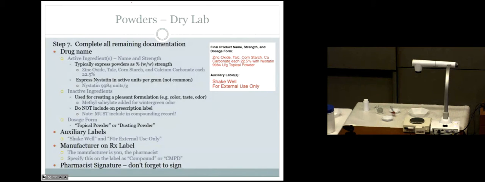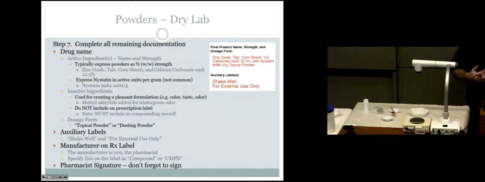So on this one, what we can do to make things easier, would you agree we had 4 ingredients at the same strength? So let's just lump those together a little bit. So I said zinc oxide, comma, talc, comma, cornstarch, comma, calcium carbonate, each 22.5%, comma, with nystatin 9984 units per gram. All of that was all my drugs and strengths, would you agree?